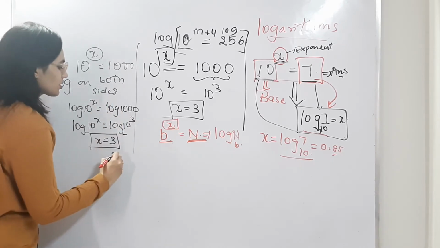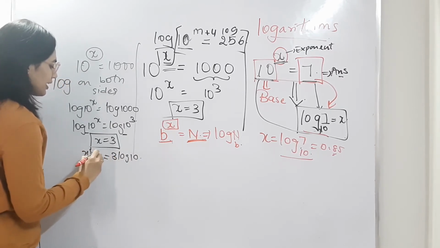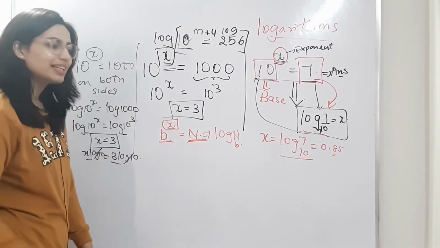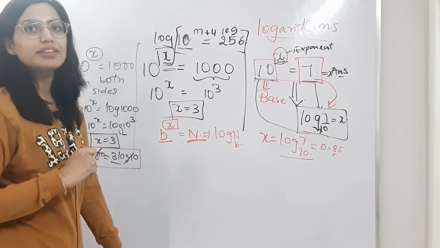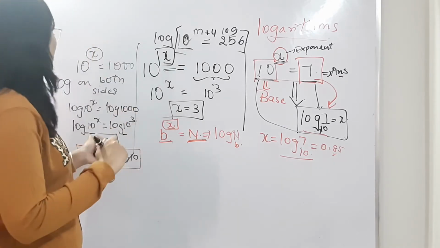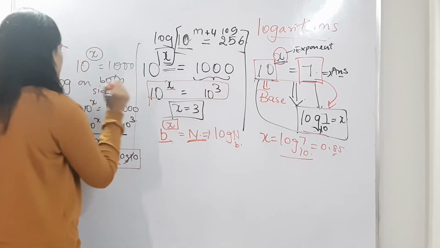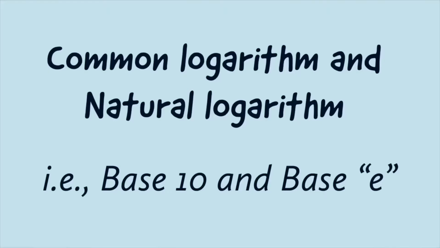Now use 3 log 10 is equal to x log 10, this will get cancelled and x is equal to 3. This is one of the laws of logarithm that we will be dealing with later, but this is how you get the value of x in this equation by using logarithms.